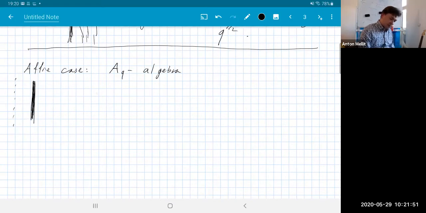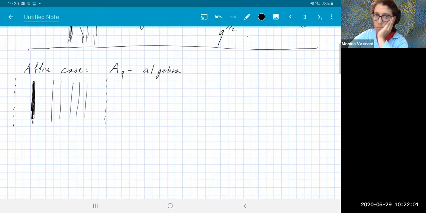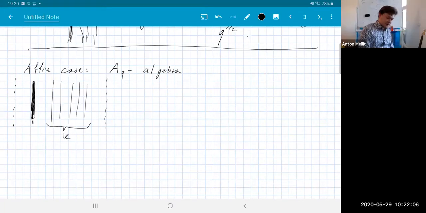There are two walls, and this is some slice of some diagram, a thick line and many thin lines.